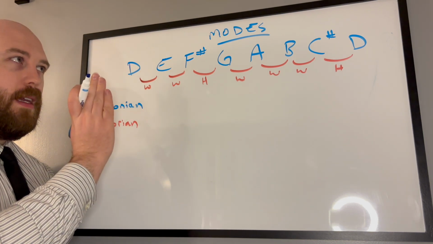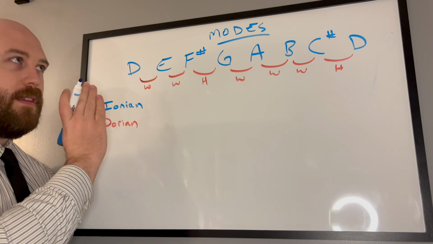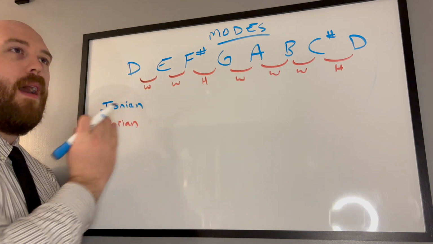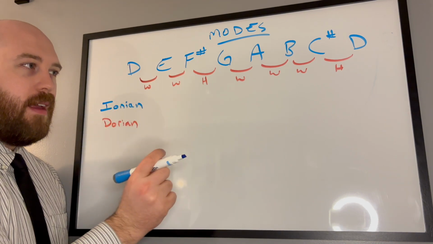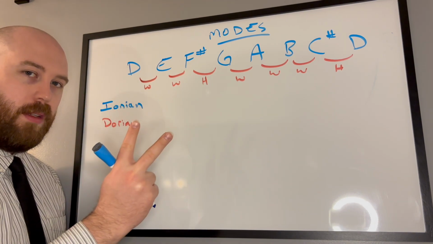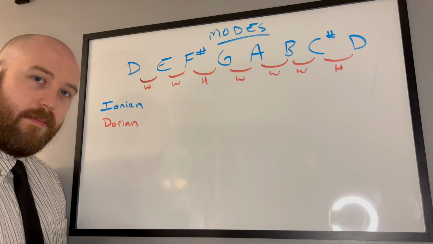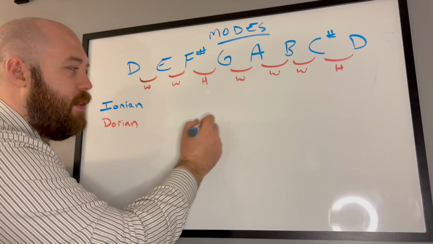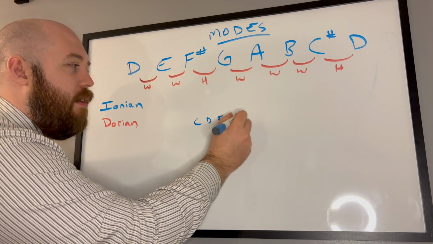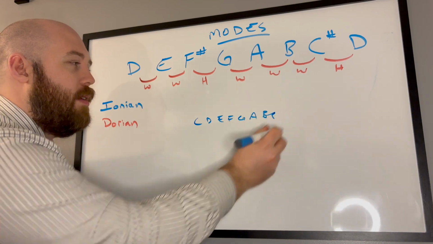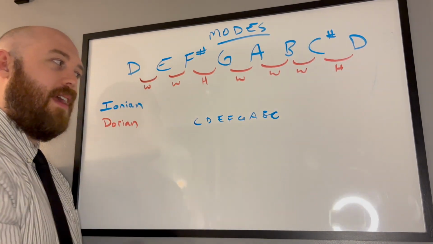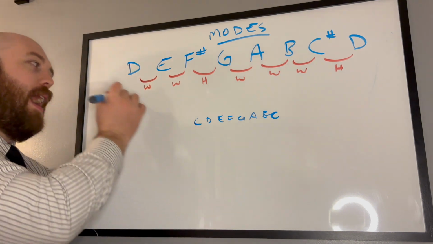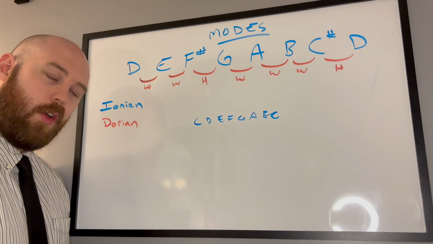So I know D is the second scale degree mode. So in what scale is D the second note? C. Because a C scale is C, D, E, F, G, A, B, C. So I know this is a C major scale. This is C Ionian. Okay?